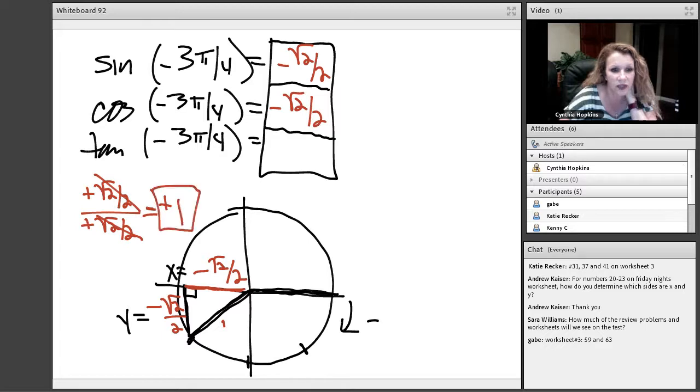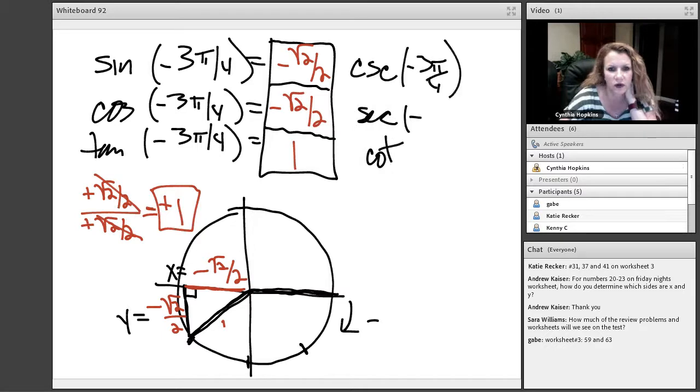Okay, now for my reciprocal functions, of course, I have cosecant, secant, cotangent of this negative 3 pi over 4, and those are trig functions of an angle.